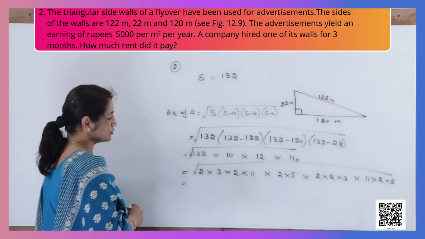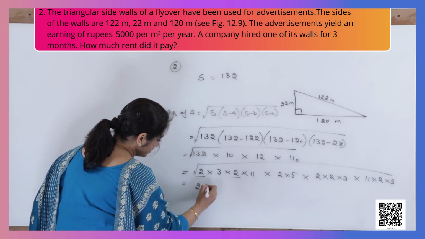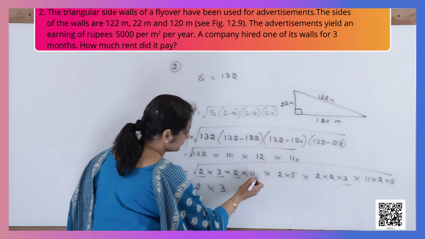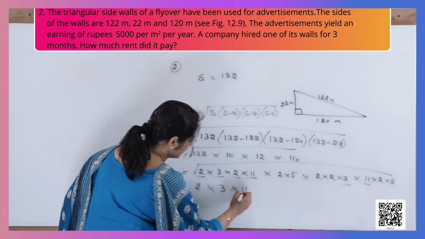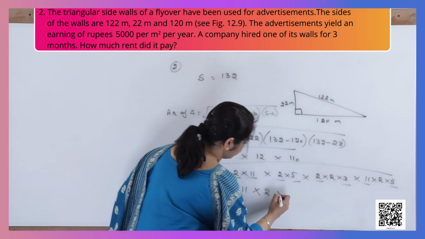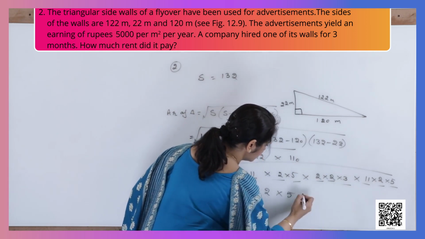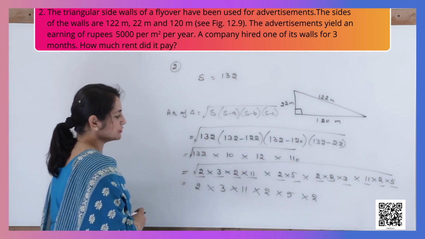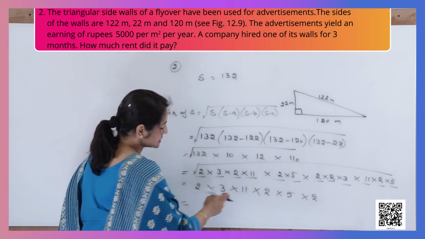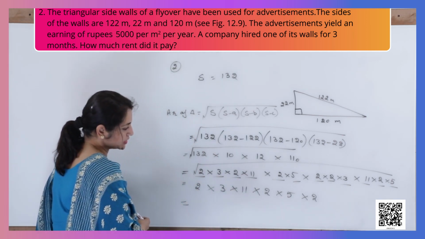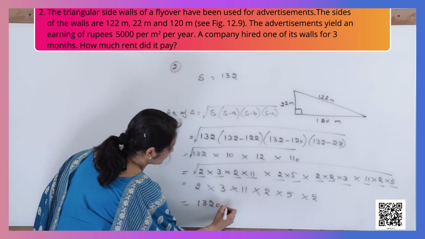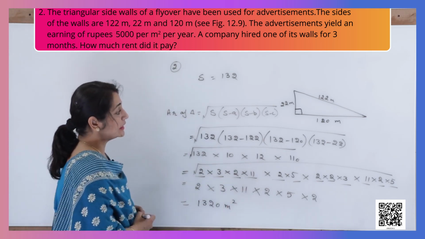Now, making the pairs of 2, 1 two out of these and 1 three, 1 eleven, 2 again, 5 and 2 again. Now multiplication of these numbers will give us the answer. 3 twos are 6, 11 sixes are 66, 66 into 2 is 132 and multiply by 10. It will give us 1320 meter square. That's the area of the wall.